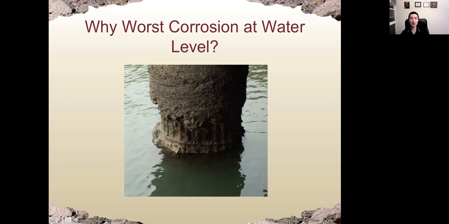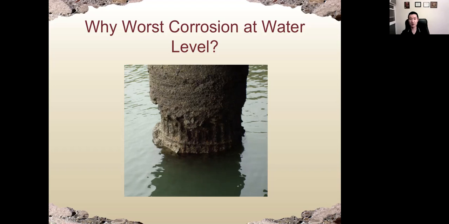Above the water level, the corrosion is also not as bad as at water level. The reason is that well below the water level, we have a lot of water but not enough oxygen. Well above the water level, we do not have enough water, although we have a lot of oxygen.